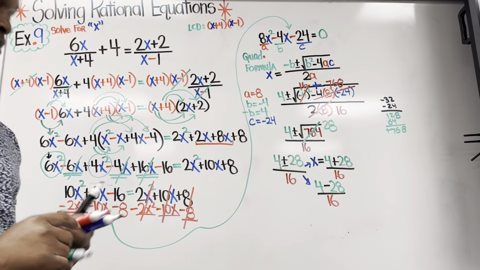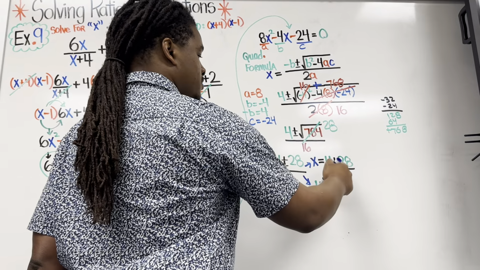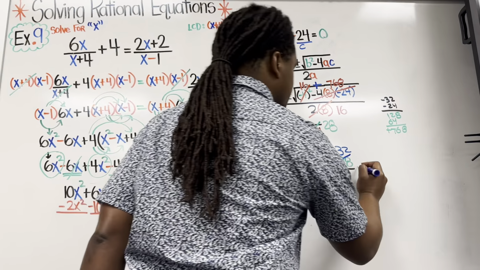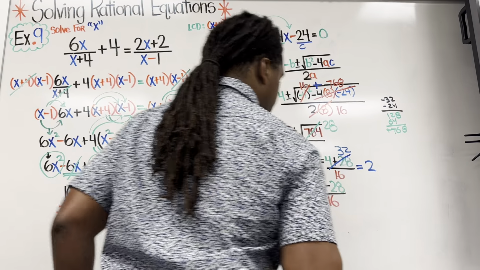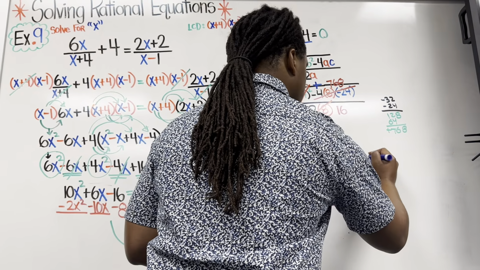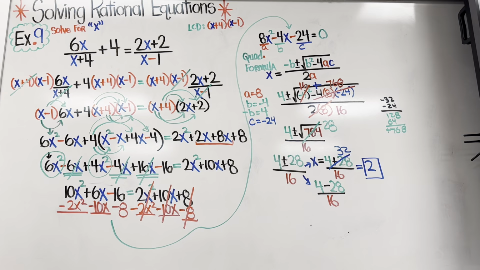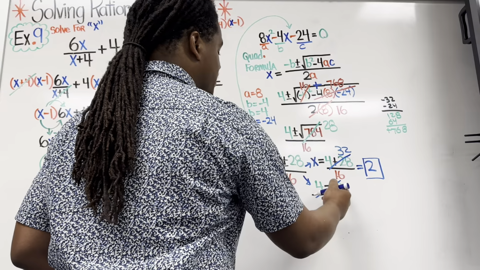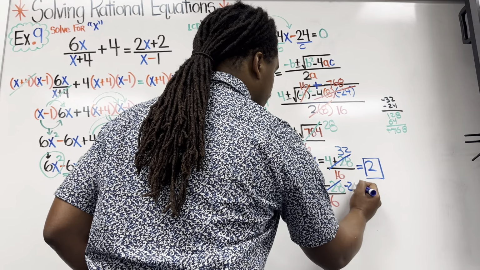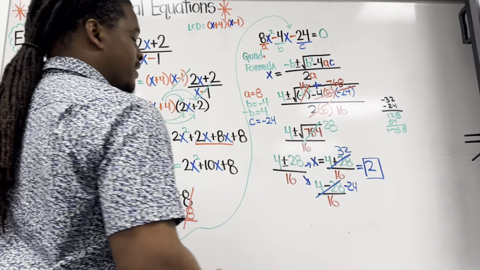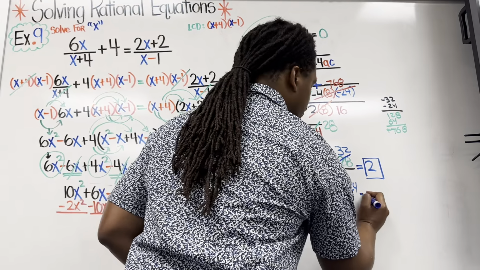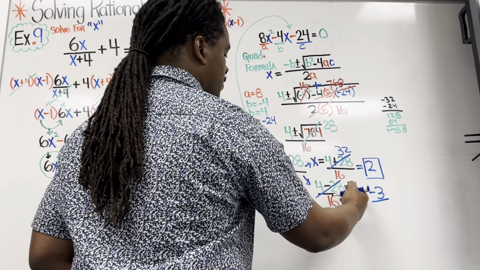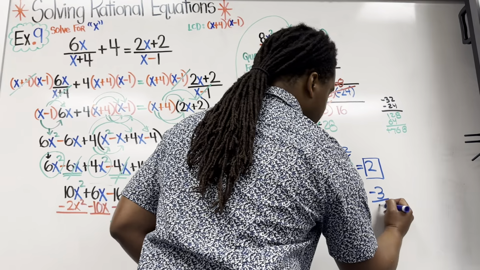Let's solve that. 4 plus 28 is 32, and 32 divided by 16 is 2. So one possible value of x is 2. Then 4 minus 28 is negative 24, and negative 24 over 16 simplifies to negative 3 over 2 if I divide by 8. Negative 24 divided by 8 is negative 3, and 16 divided by 8 is 2.